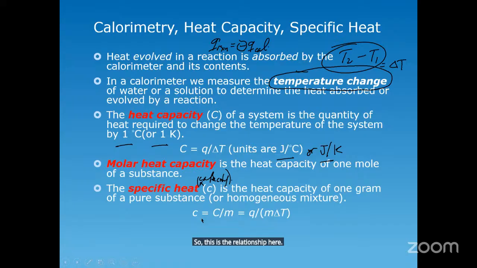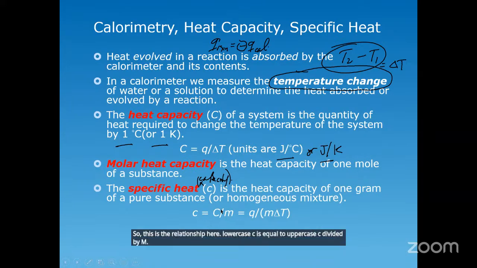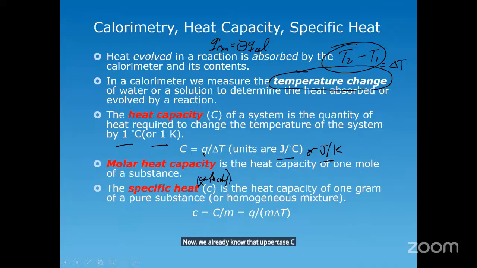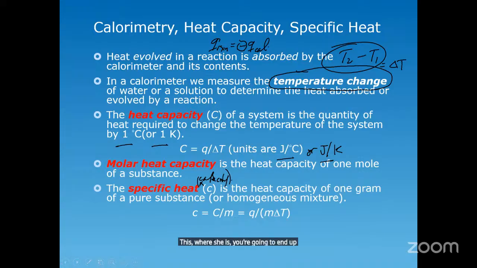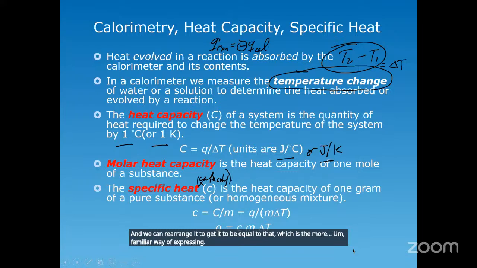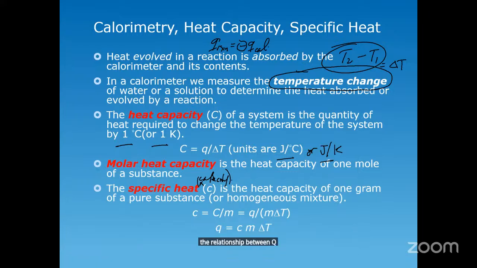So lowercase c is equal to uppercase C divided by M. Now we already know that uppercase C is equal to Q divided by delta T. So if you plug this in where C is, you're going to end up with this equation right here. And we can rearrange it to get the more familiar way of expressing the relationship between Q, c, M, and delta T. So Q is the heat change, c is the specific heat, M is the mass of the substance, and delta T is the temperature change, which is the final temperature minus the initial temperature.